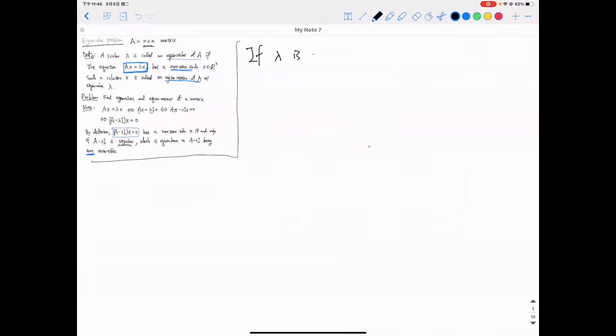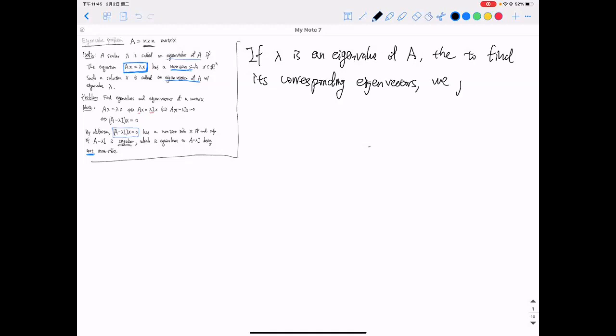If lambda is an eigenvalue of A, then to find its corresponding eigenvectors, we just need to solve the system A minus lambda I times x equals 0.